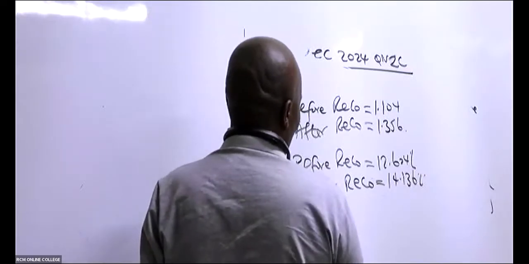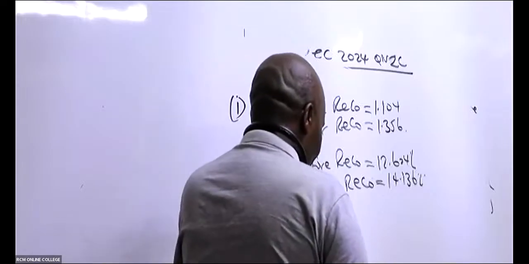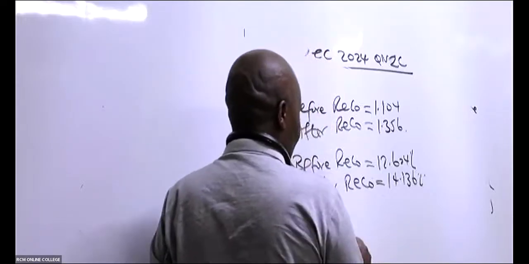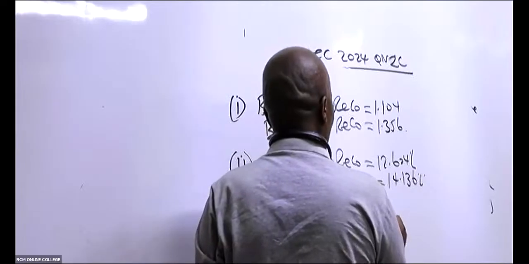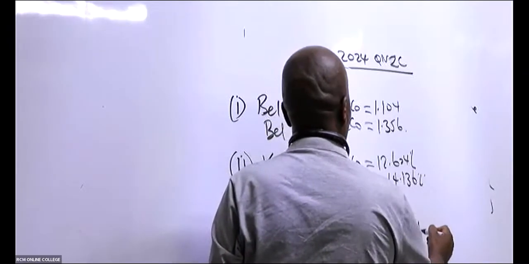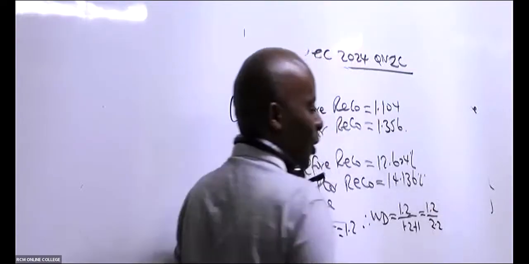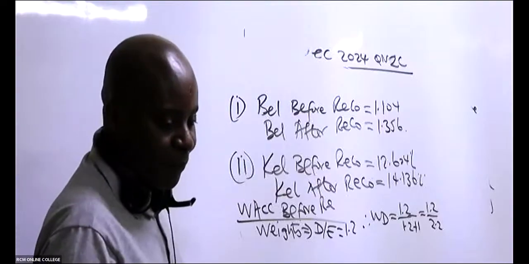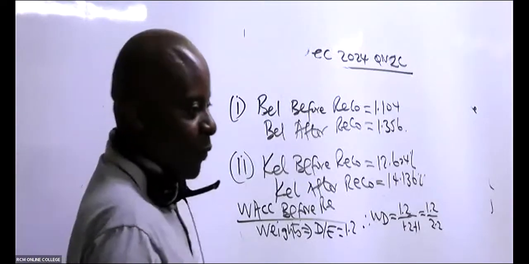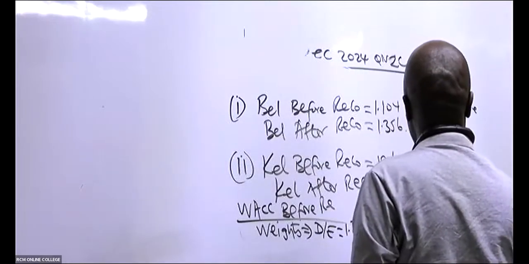So before reconstruction, have they given me the debt to equity ratio? It is what here, somebody? It's 1.2, isn't it? So therefore, weight of debt will be 1.2 divided by itself plus 1, which will be 1.2 over 2.2, which gave you guys what figure? 0.5455.